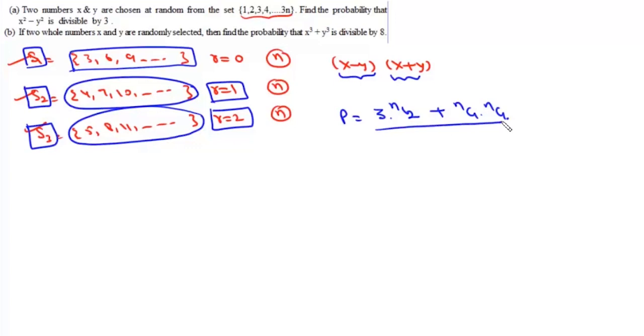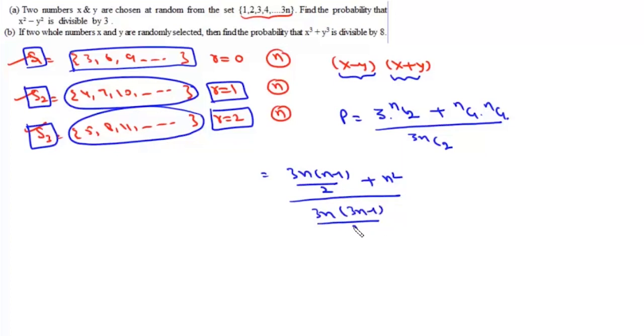Now the total number of ways of choosing 2 from these 3n numbers will be simply 3nC2. Now this is 3n into n minus 1 by 2 plus n square, and here will be 3n minus 1 whole divided by 2.